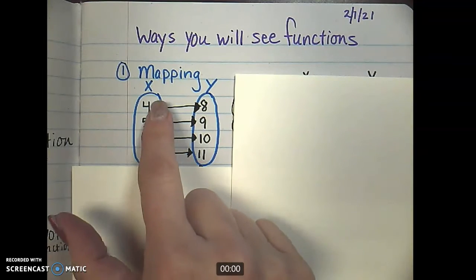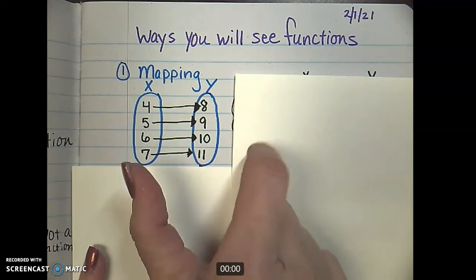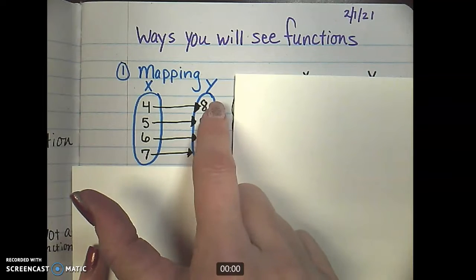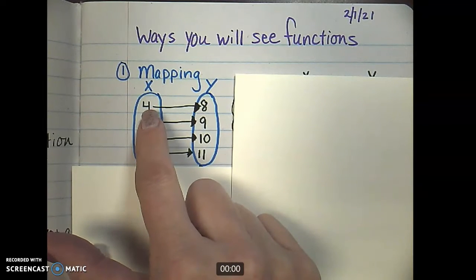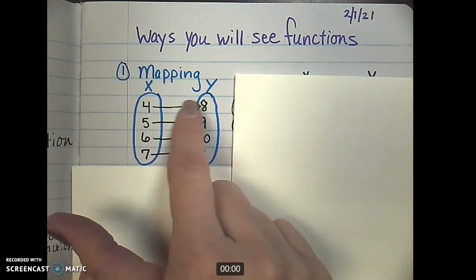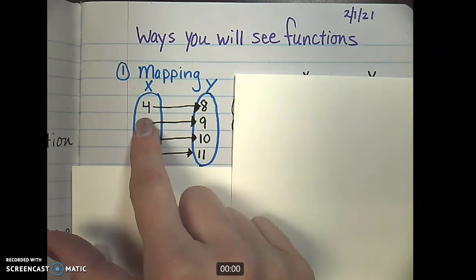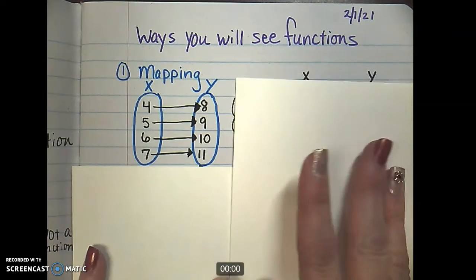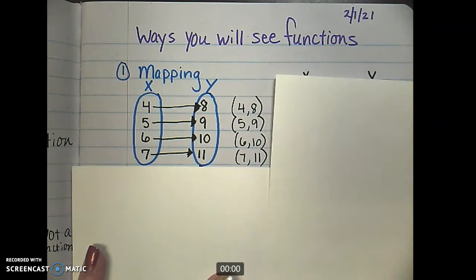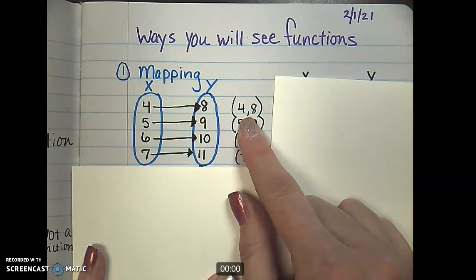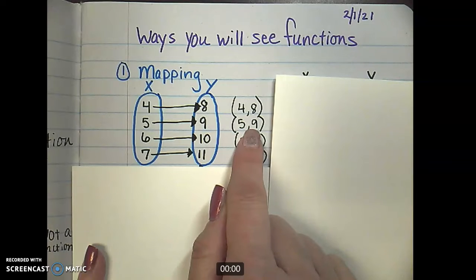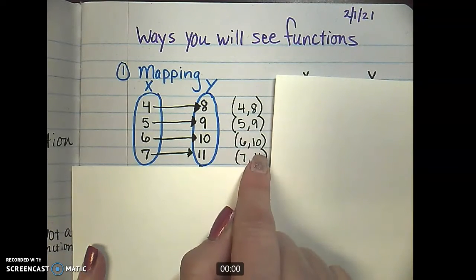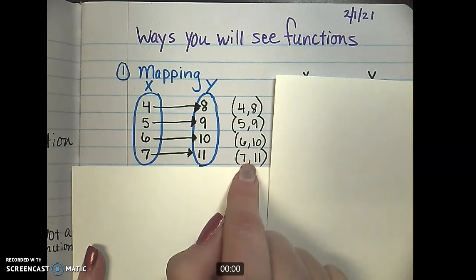There will be several X values and some Y values, and the arrows will match up the X and Y values. So for example, this one says 4, 8, that represents the ordered pair 4, 8. 5, 9, that's the ordered pair 5, 9. 6, 10, 7, 11.